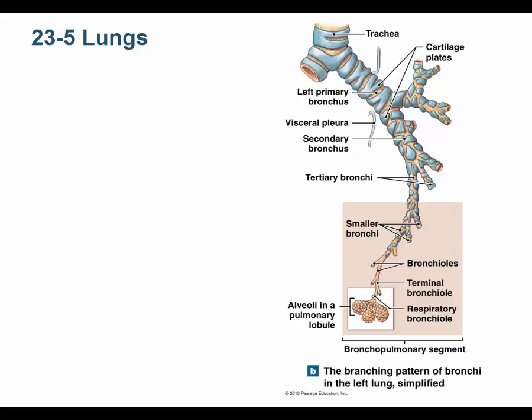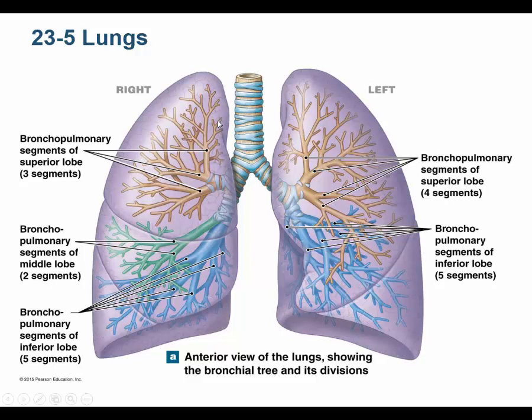Okay. What we have here, if you go back and look at these bronchopulmonary segments, what happens is you'll have a bronchopulmonary segment made by these terminal bronchioles, the respiratory bronchioles, and all the alveoli. That's a bronchopulmonary segment. All right. Different lobes of the lung have different numbers of bronchopulmonary segments.